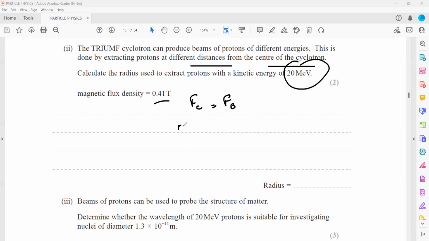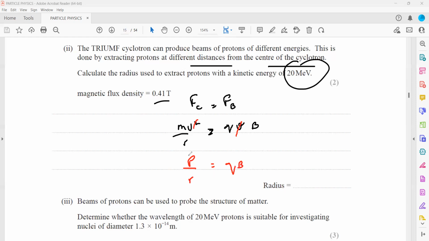The centripetal force is mv squared over r, and the magnetic force is F equals qvB, where q is the charge, v is the speed, and B is the magnetic field strength. So when we simplify, v squared cancels with v. So this is mv, and mv is the momentum which we already worked out in the previous part. So I can say p over r is equal to qB.